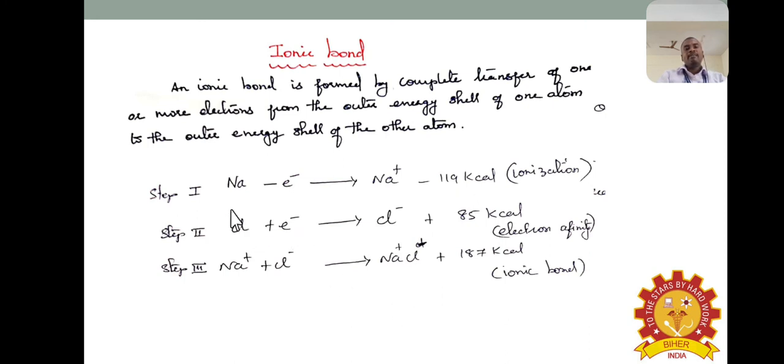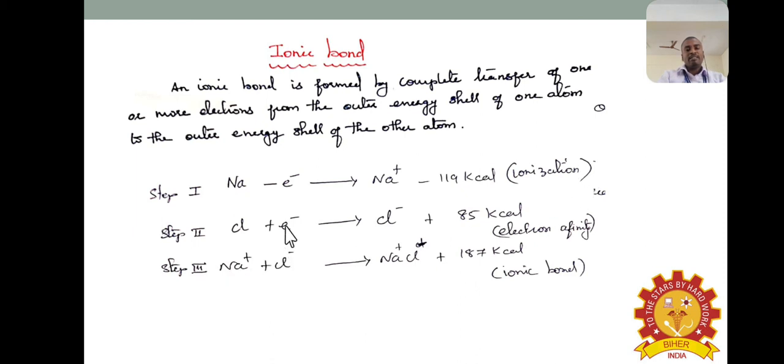Step 1 is that sodium loses one electron from its neutral atom. This Na loses one electron to form Na plus and one electron. During this process, 119 kilocalorie of energy is released. This energy is called ionization energy.